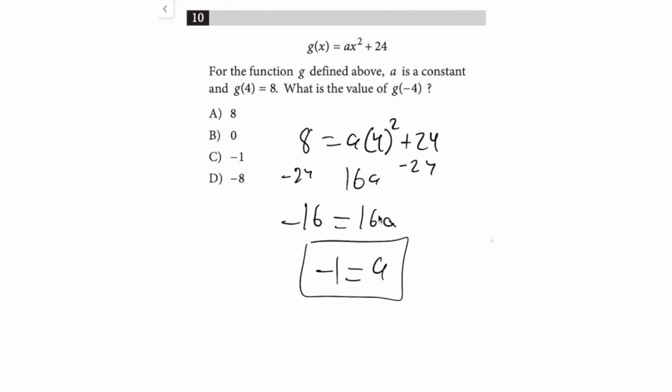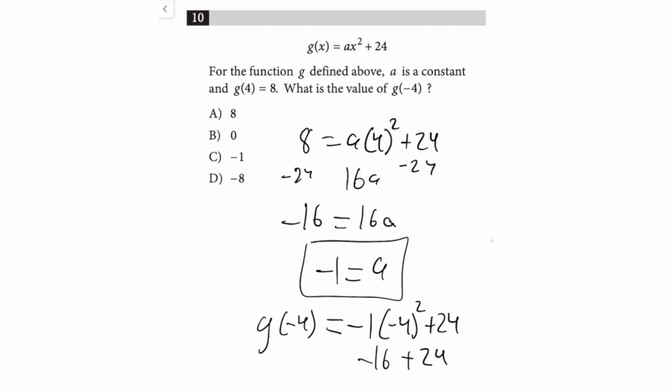So I'm going to rewrite this as g of negative 4 equals my a value, negative 1, times my input, negative 4, quantity squared, plus 24. Okay, so this becomes 16 times negative 1 is negative 16, plus 24, well, that's going to be positive 8. And that is my answer, choice A.